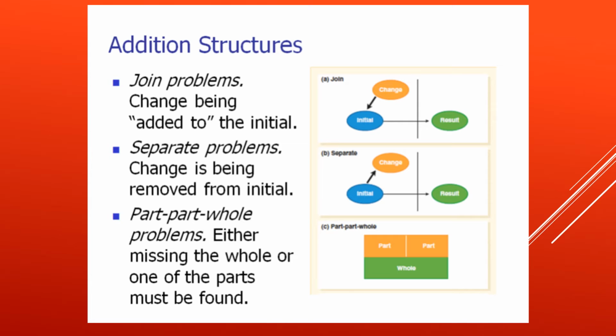Or we could have a part missing, and again, this reminds me of subtraction. So you have to think how addition and subtraction are related. George has 12 coins, that's the whole. 8 of his coins are pennies, and the rest are nickels. How many nickels does George have? And again, knowing that the parts 8 and 4 make 12 would help us to understand that problem.